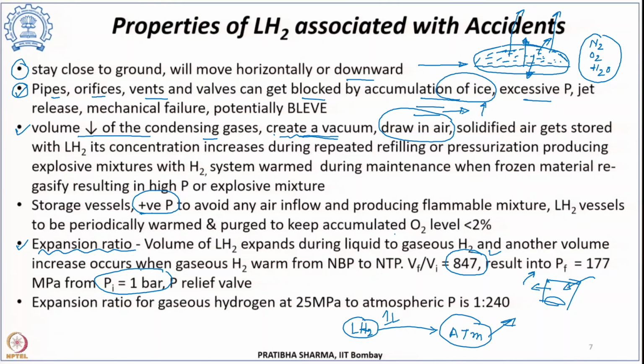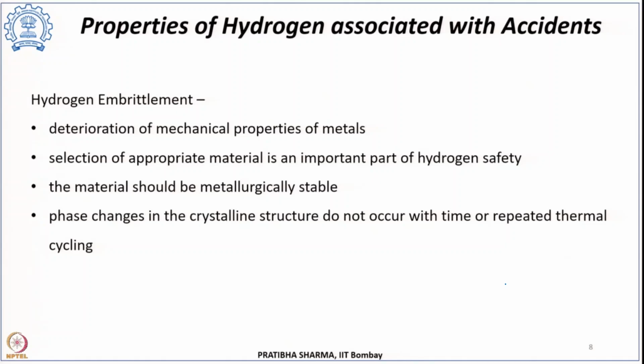Next, the last data is that gaseous hydrogen at 25 megapascal, when it expands in atmospheric conditions, will expand 240 times. The expansion will be 240 times. Okay, it is also a very large space. So you have to avoid leakage of hydrogen.